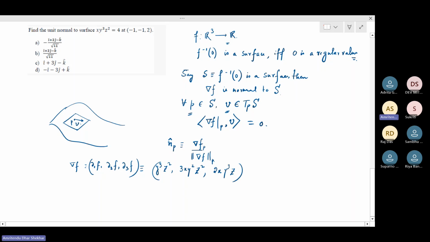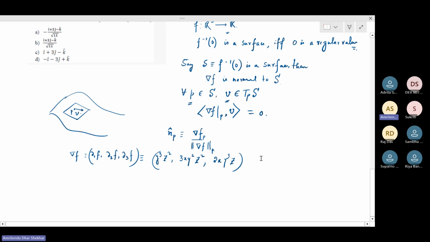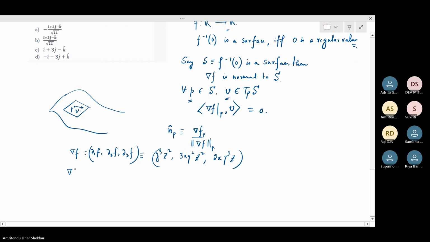Now substitute the values of del f at -1, -1, 2. You will get at this particular point, which is this point, -4, -12, and 4.